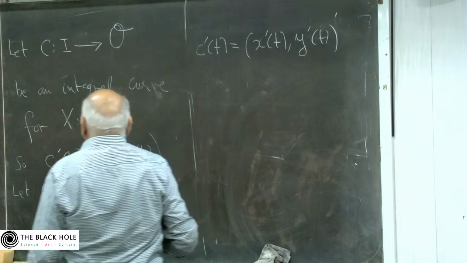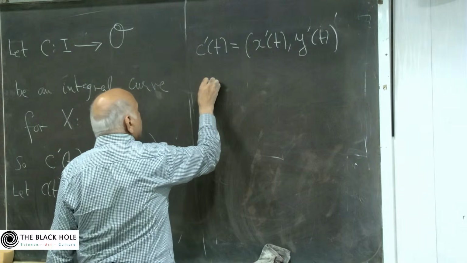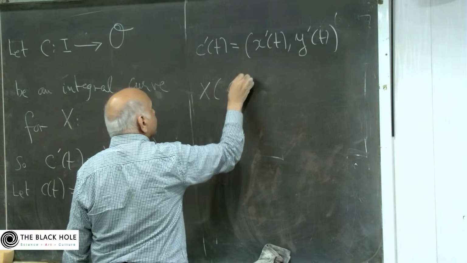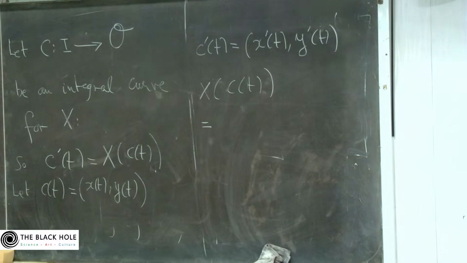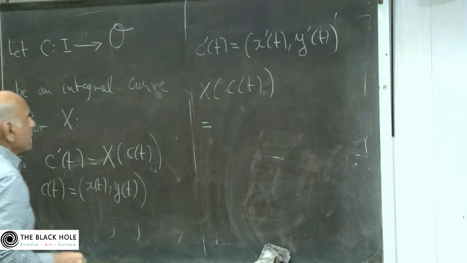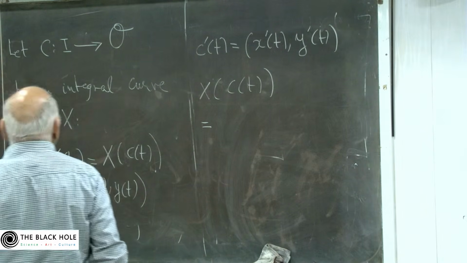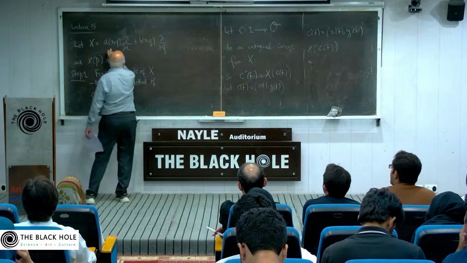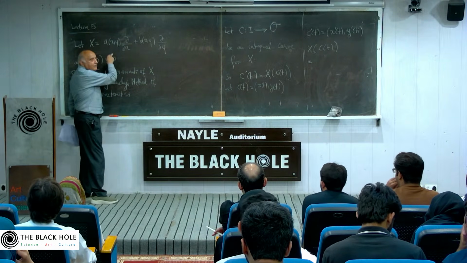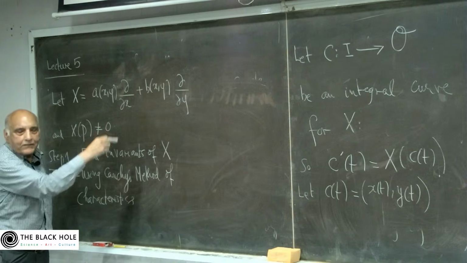And what is X of C t? As a vector valued function, what is X? X has components a x, y and b x, y.